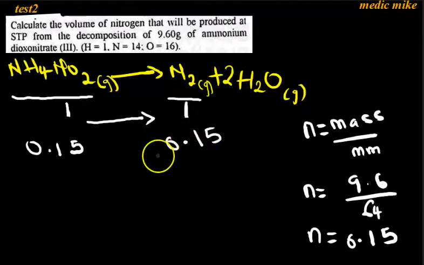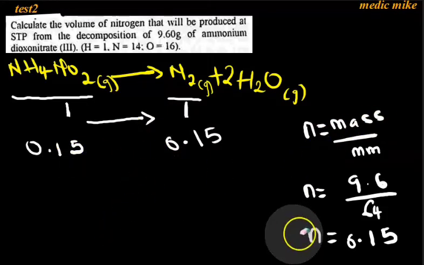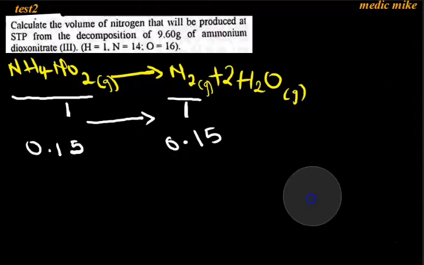This figure would have changed if we were comparing with hydrogen that has a different mole, which is 2 over here. But since nitrogen and ammonium dinitrate have the same mole in the balanced equation, which is 1 to 1, it will have the same mole. Hope you understand. So I'm just going to wipe this off.